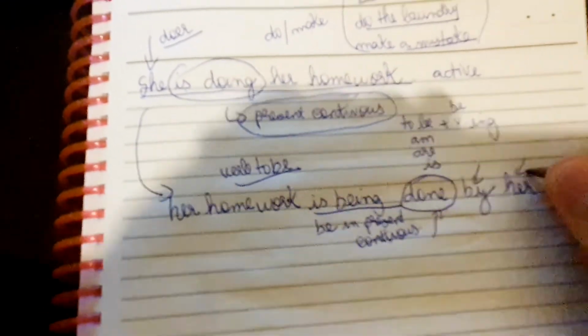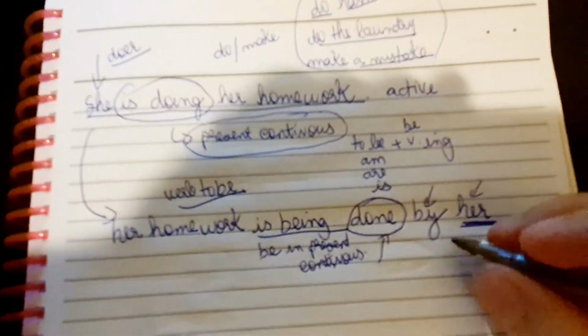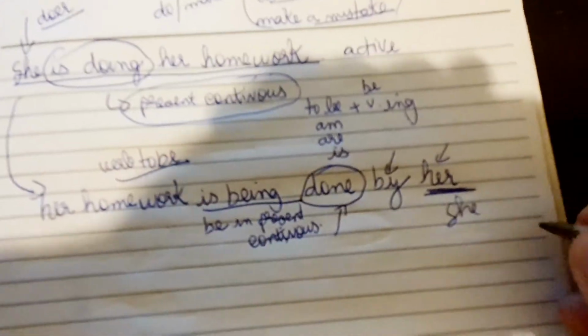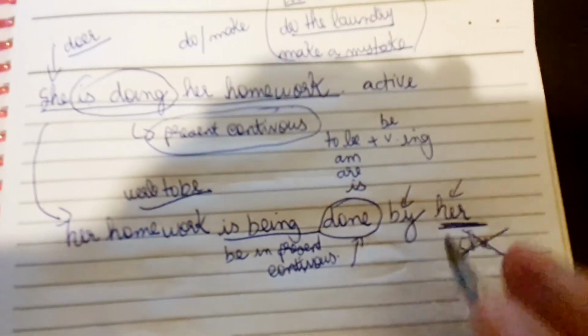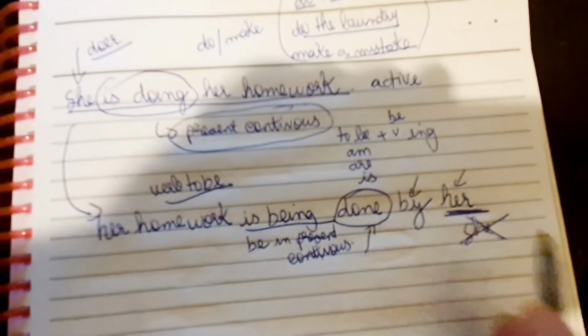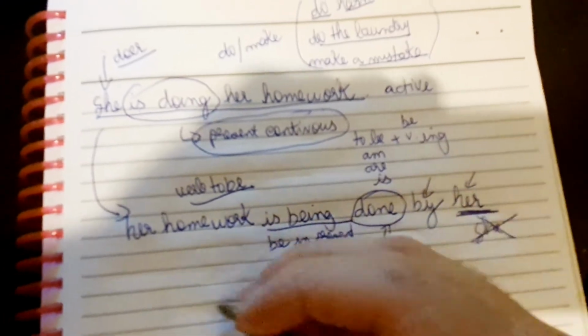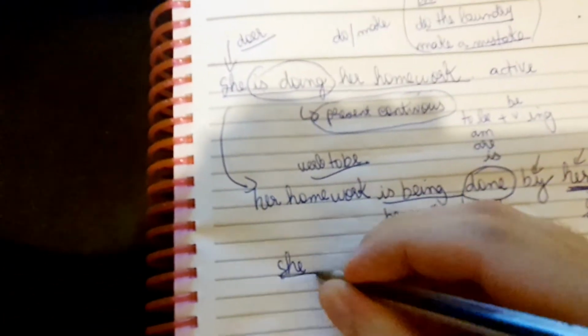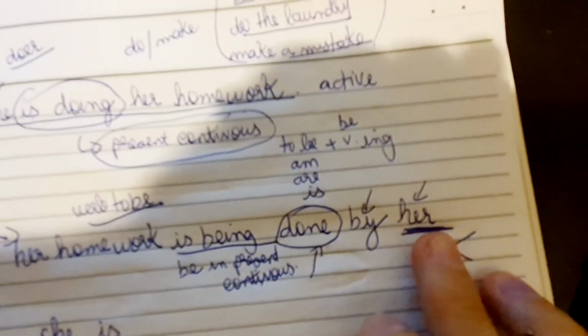By her. Why do I use her instead of she? Is it possible to use she here? No, because she is a personal pronoun, it would be she is. But here it is an objective pronoun.